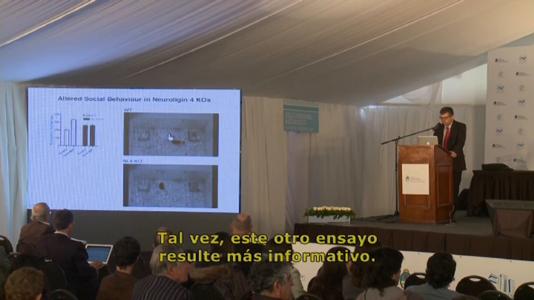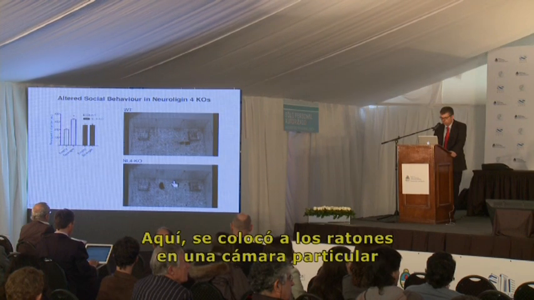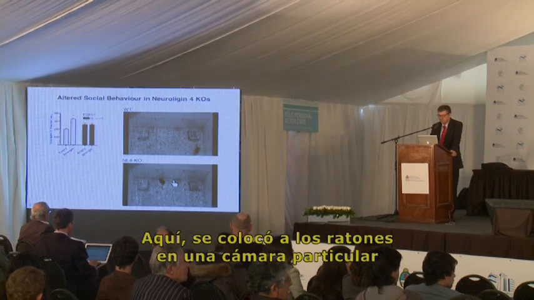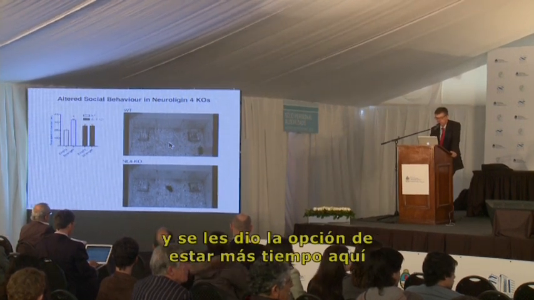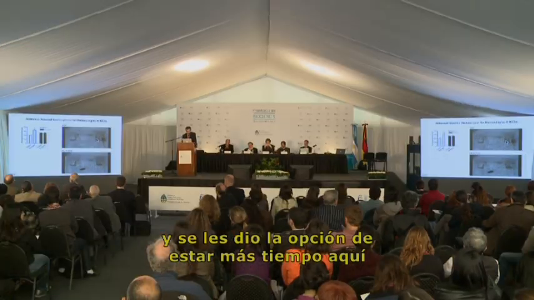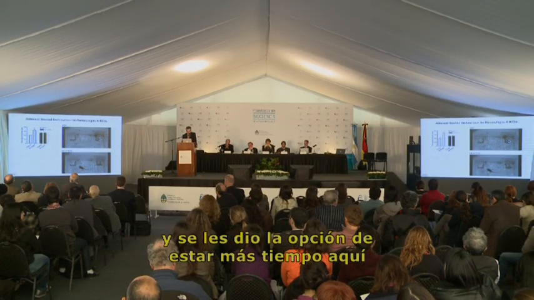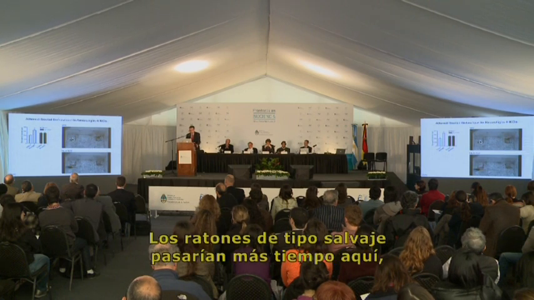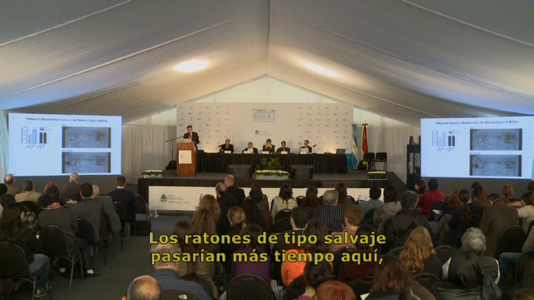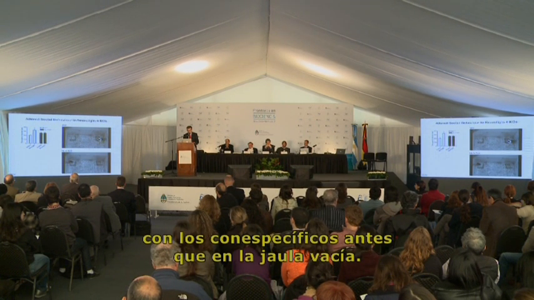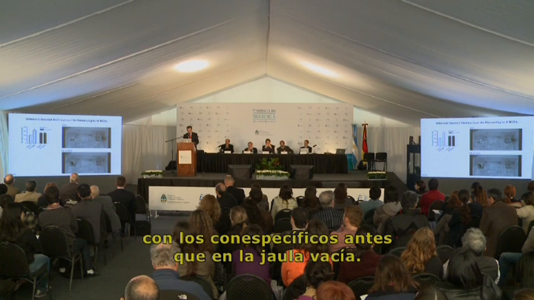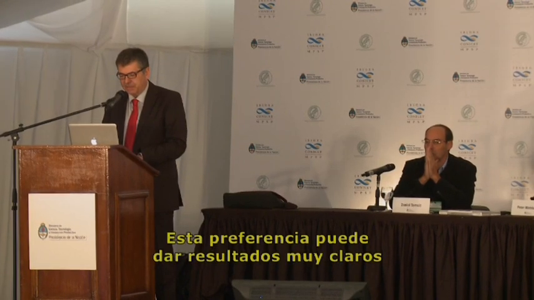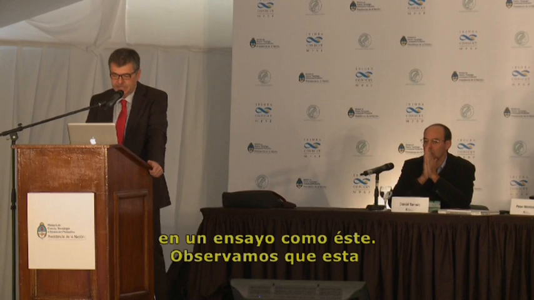Probably a more informative assay is this one over here, in which you put a mouse into a tripartite chamber and give her the option to choose to spend time over here with a conspecific or over here with an empty cage. Each normal wild-type mouse will spend more time over here with a conspecific mouse rather than over here with an empty cage, and this preference can be read out very robustly in these kinds of assays.